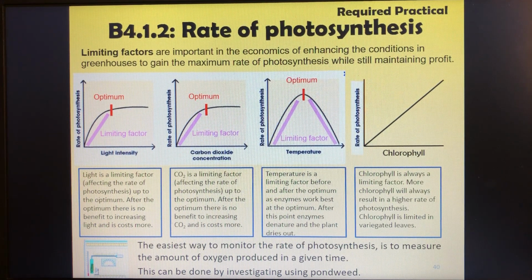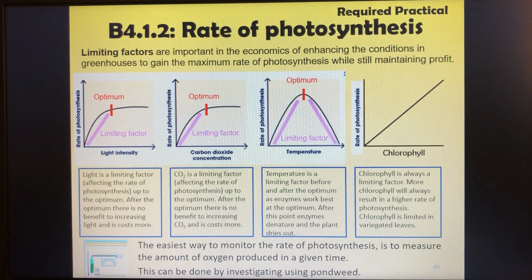So we can see here that this is called a sketch graph. It's a sketch graph because it's got no numbers on it, it's just giving us a pattern of results. Because the numbers could depend on how much pondweed we used, various other factors, whereas this tells us however you do your experiment, so long as you've just got that one independent variable, you will get this pattern of graph in your results.